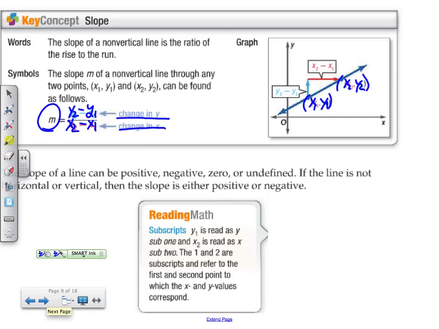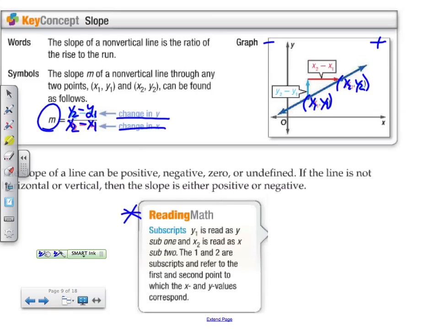Top is our change in y and the bottom is our change in x. So slopes can be positive, negative, 0, undefined, and we're going to look at those in just another slide. But you'll remember that if it's going up this way, it's plus, and over here it's minus. We'll talk about it in a minute.